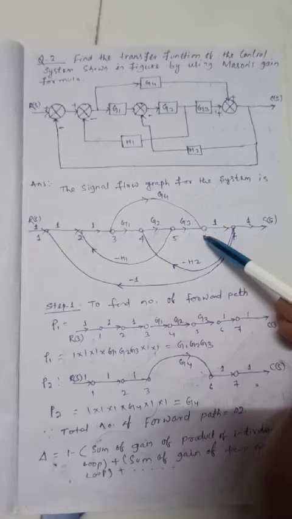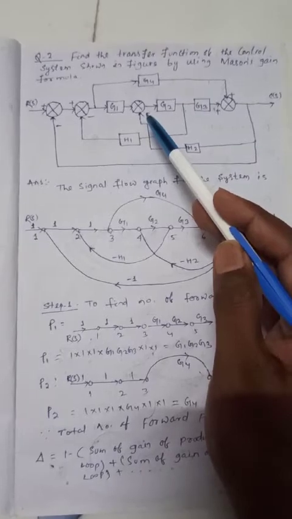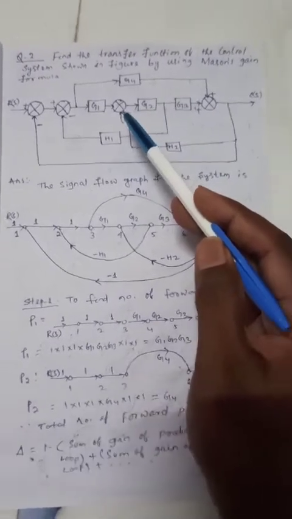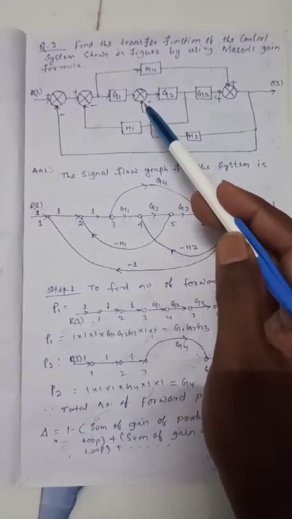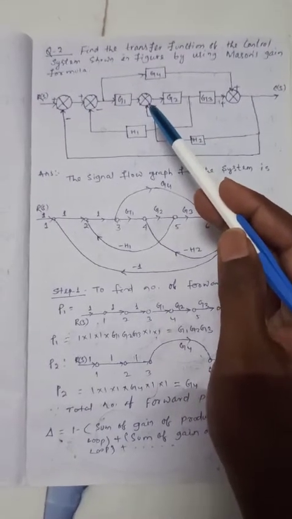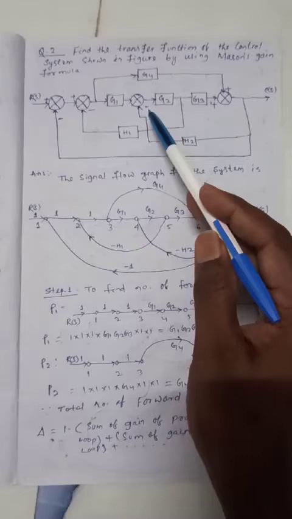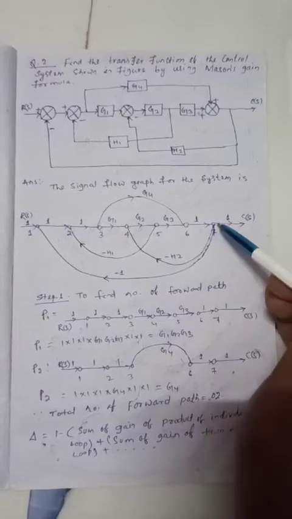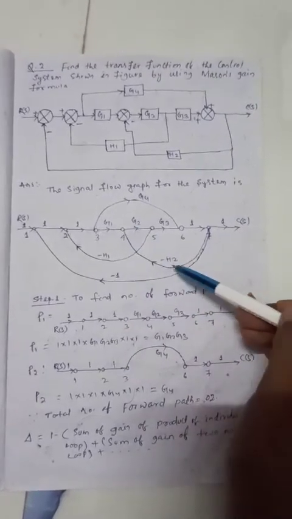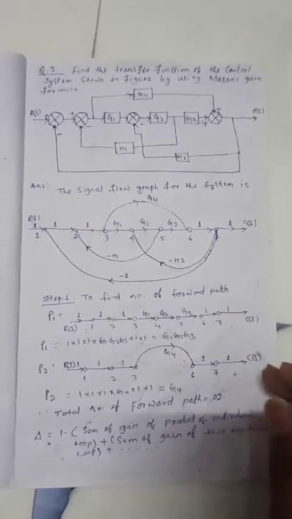Another summing point is there, node number 4, which is connected to node number 7 with the feedback path of H2 and the sign is negative. So from 7 to 4 the path is minus H2. This is the signal flow graph of the above block diagram.